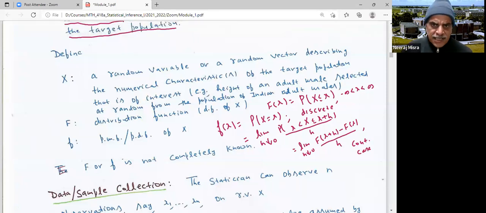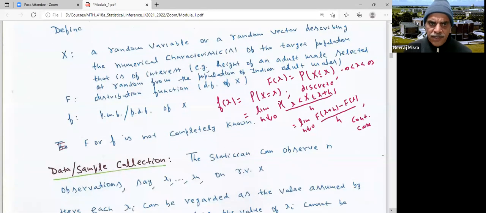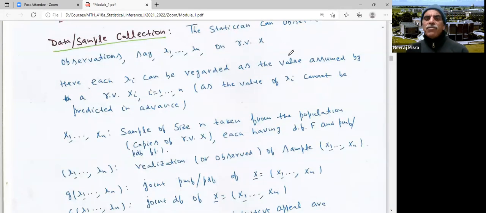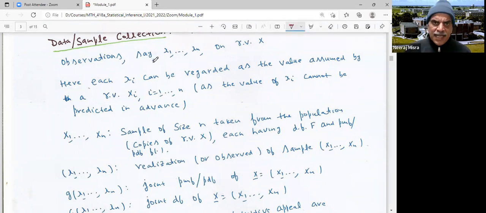So what a statistician does is, a statistician can observe observations, say x1, x2, ..., xn, on the random variable X. So X is the height of a typical Indian male adult. A statistician can choose n individuals and measure their heights, which are x1, x2, ..., xn.